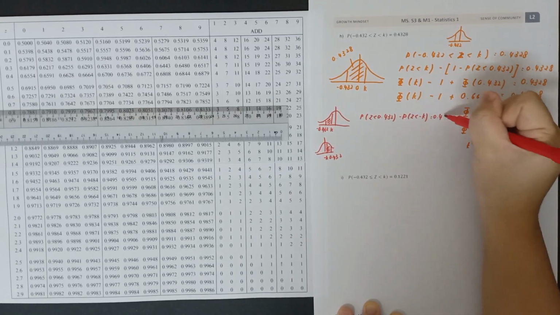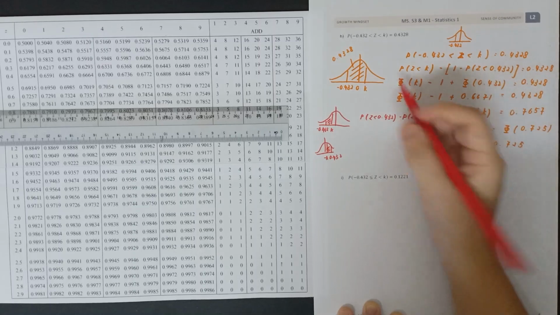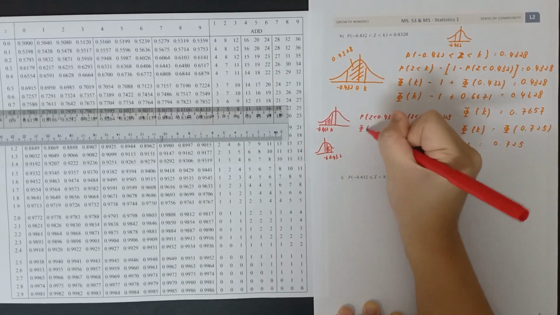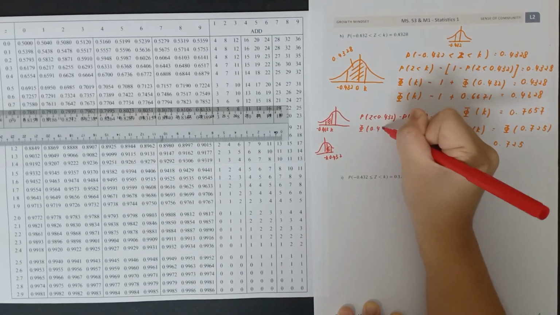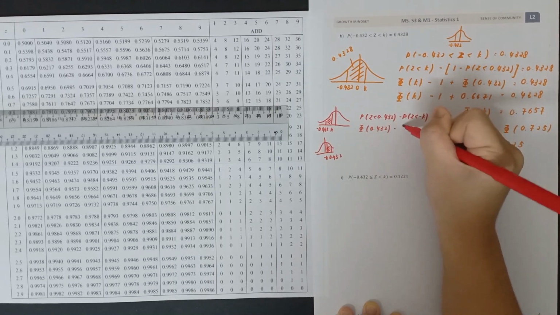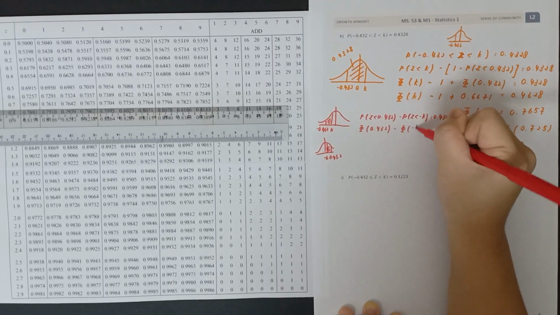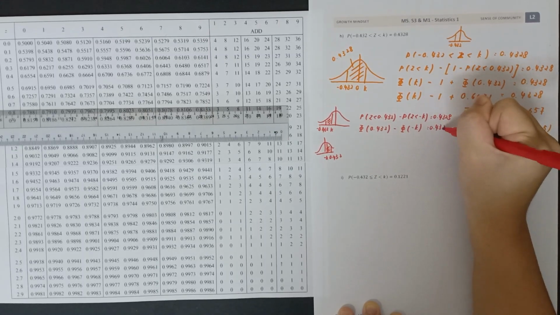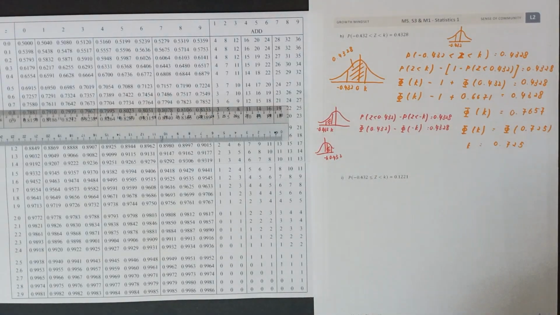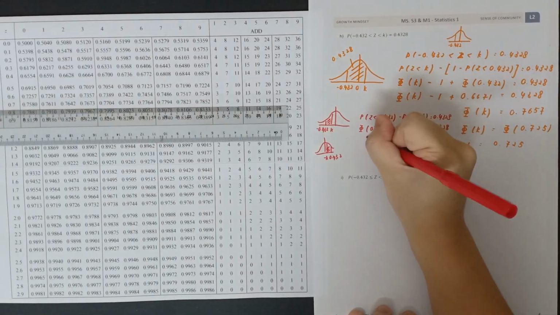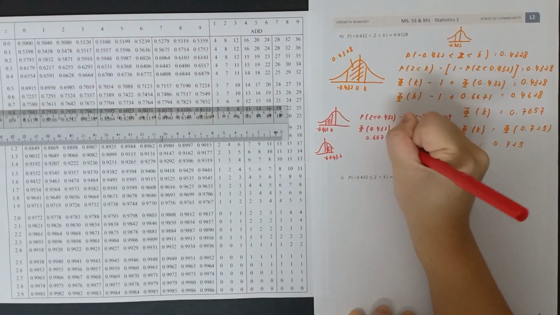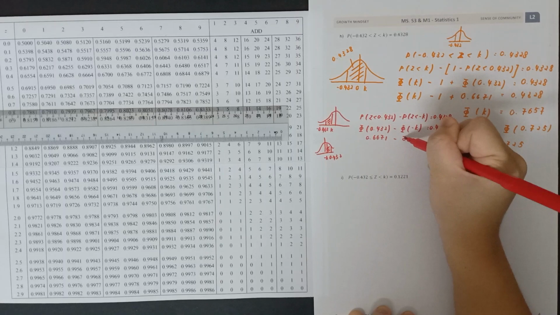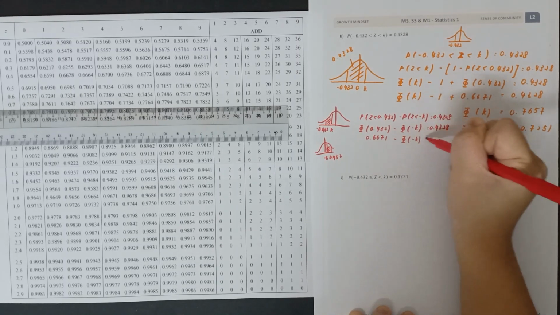Okay, so can we try to check what the outcome looks like? So Φ(0.432) minus Φ(negative k) equals 0.4328. So for 0.432, we already found just now, 0.6671 minus Φ(negative k).